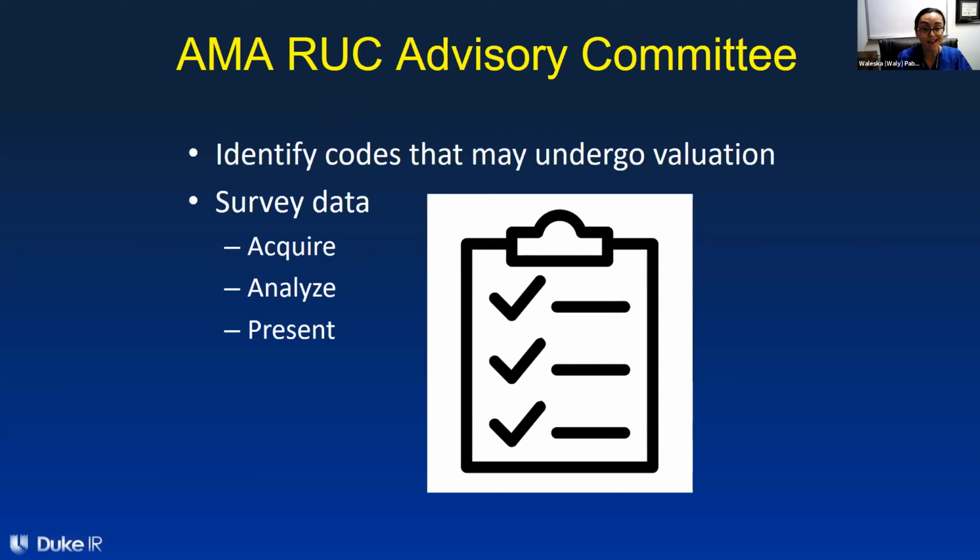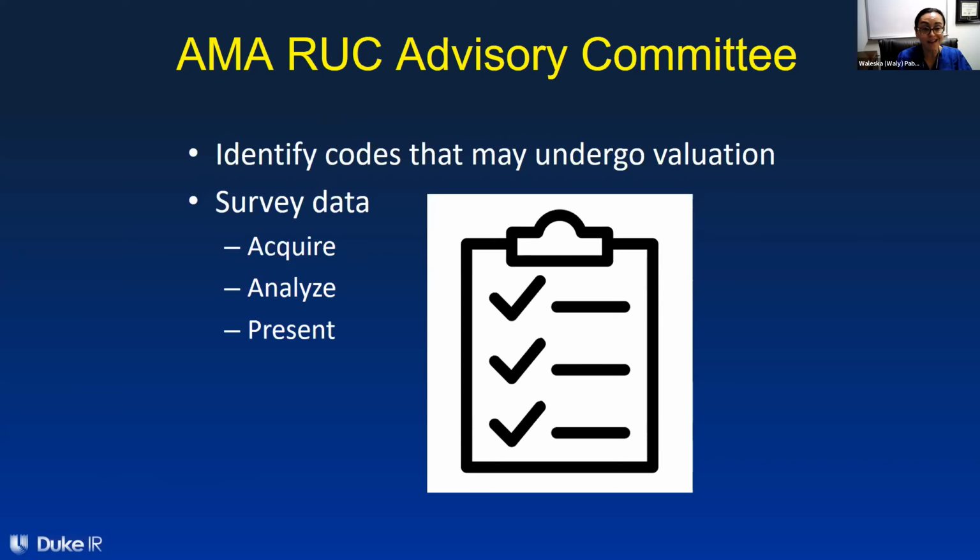They are in charge of acquiring the information, analyzing the information, and ultimately presenting that information in front of the RUC panel. So while the CPT process was an application collecting supporting documentation, the RUC process is different.